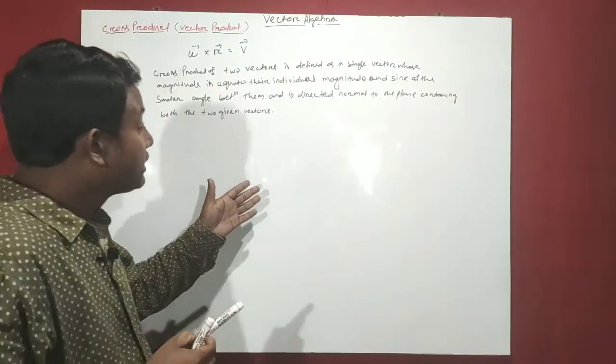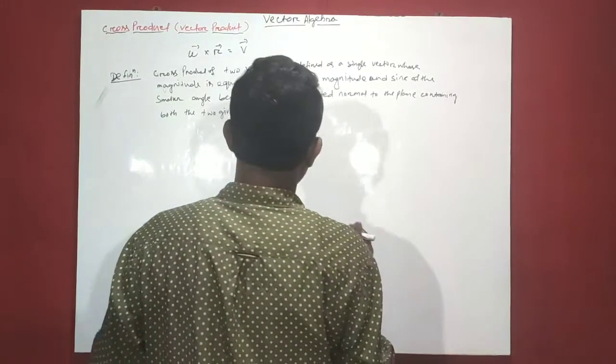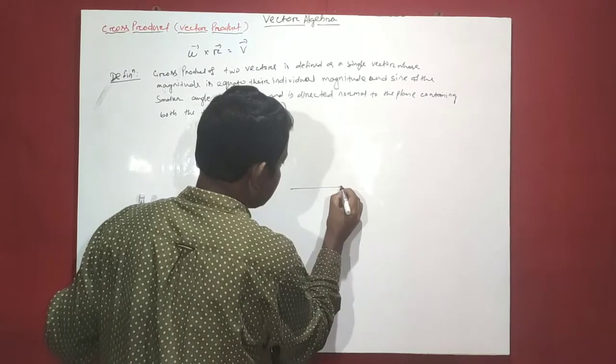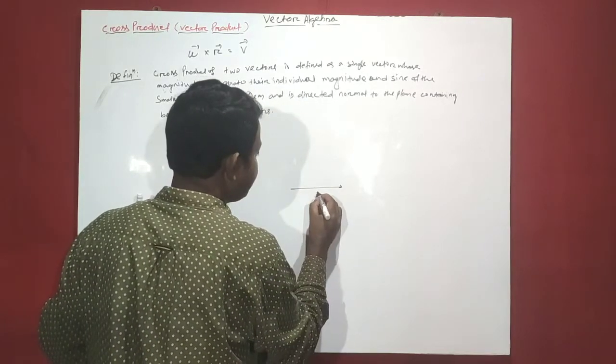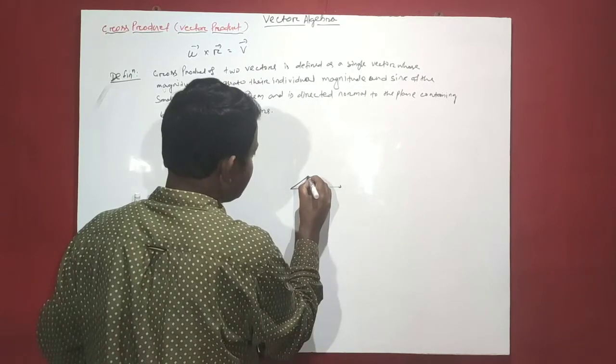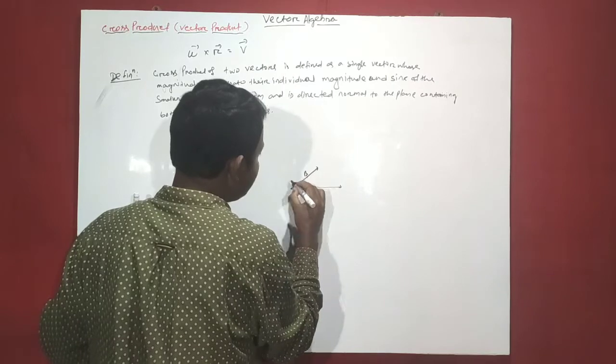Look, the geometrical interpretation of cross product. Let's see, this is A vector and this is B vector.